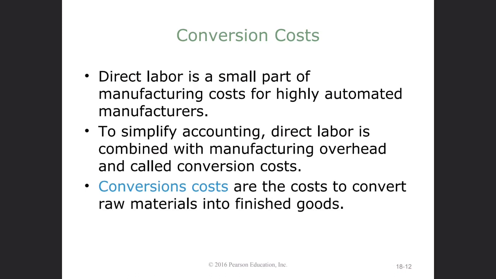Your conversion costs are the cost to convert your raw materials into your finished goods. So whatever it costs you to turn this pile of wood and nails into a table that you can sell is your cost of conversion.